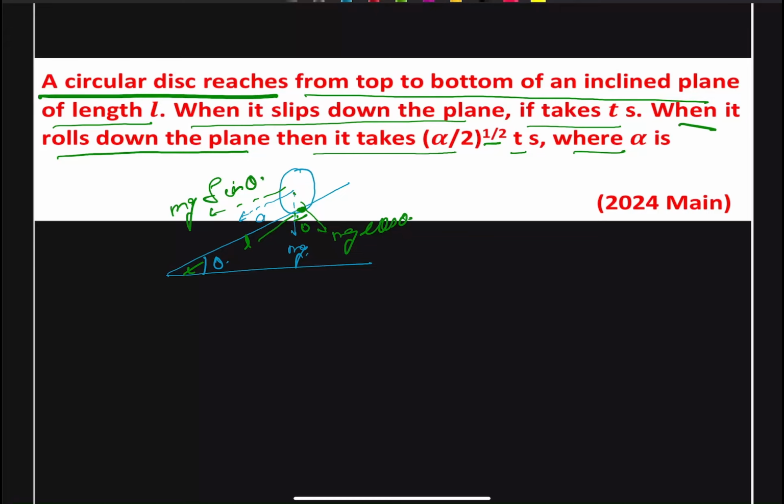So here we are having two motions. First is our slips and second one is our roll.